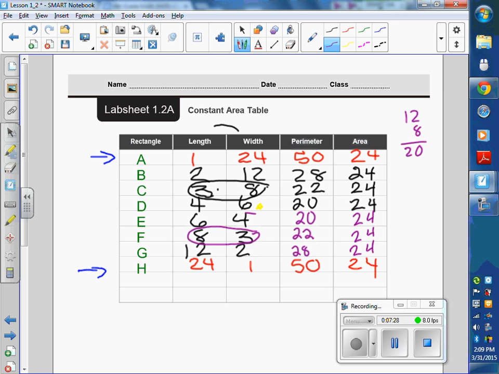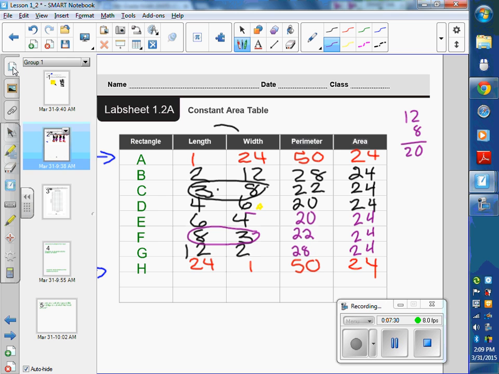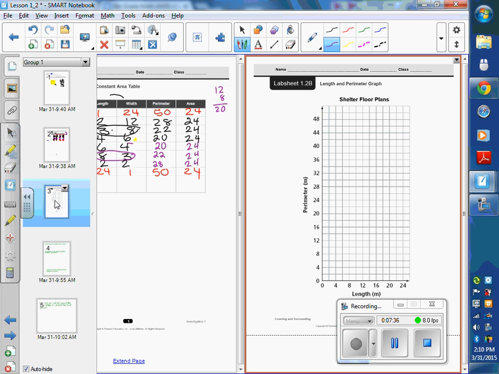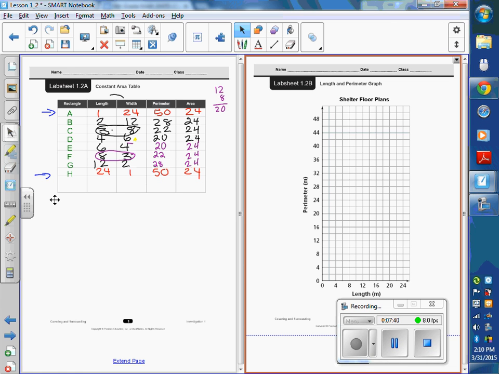The second part of the problem, as you look at this chart, which is also in your book, and you have to plot points. So I'm going to wait till everybody's listening.